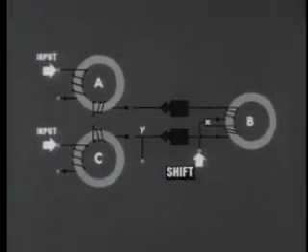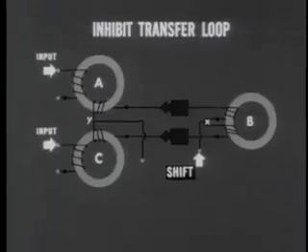Their dot sides are on the right, facing core B in both cases, and their non-dot sides are joined together. We extend the Y outlet to meet the common non-dot side, connect the dot sides into the circuit, and our schematic diagram of an inhibit transfer loop is complete.